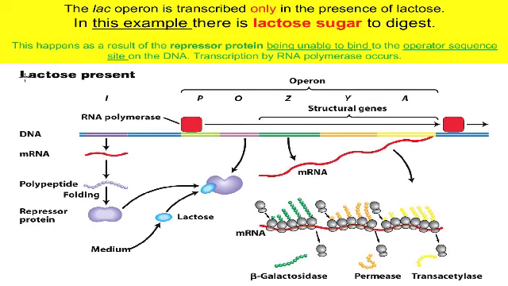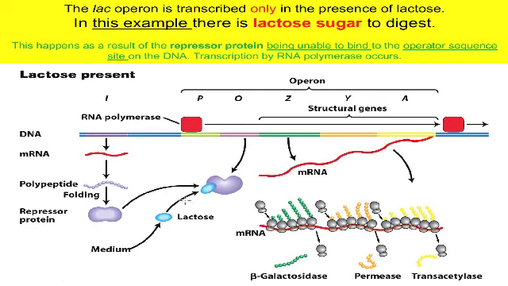So this is the situation that exists inside the bacteria when lactose is present in the environment and seeps into the bacterial cytoplasm. So lactose is represented here as the light blue molecule. So what happens? Well, the repressor proteins are bound by the lactose.